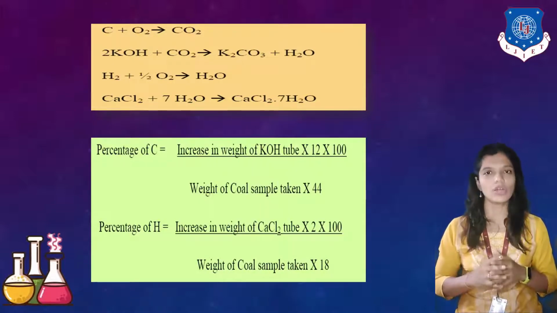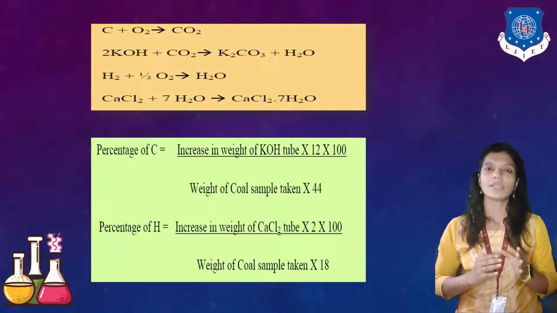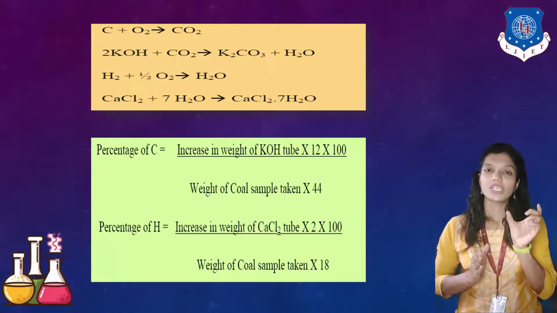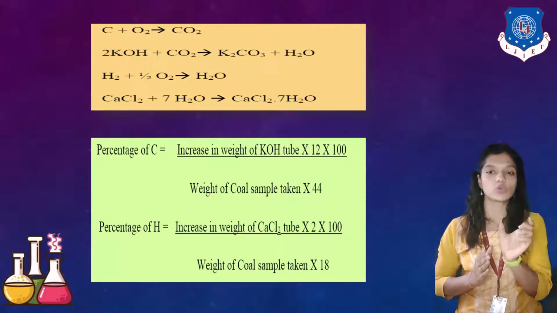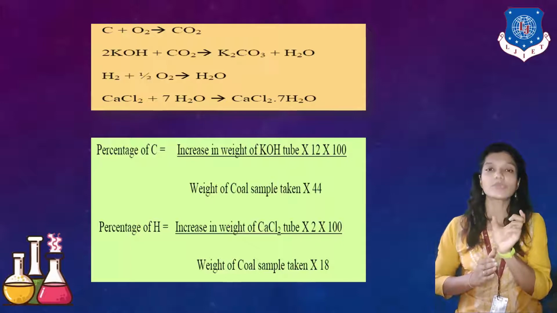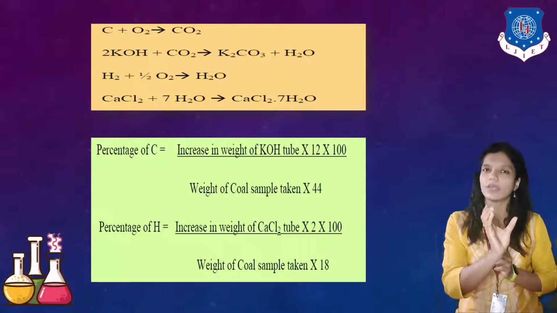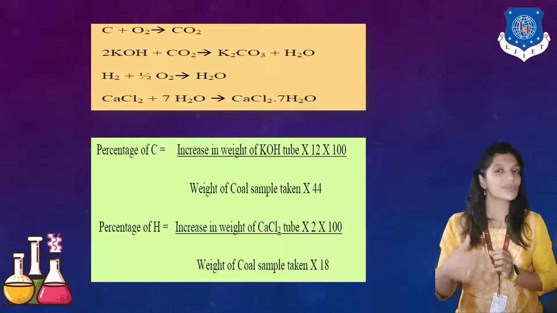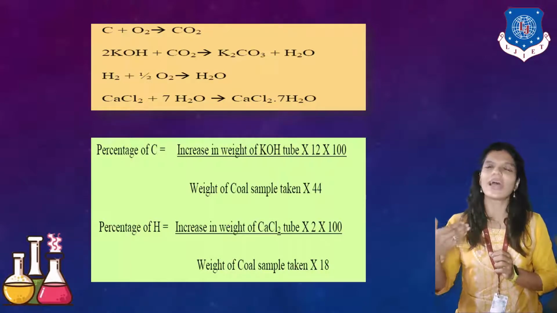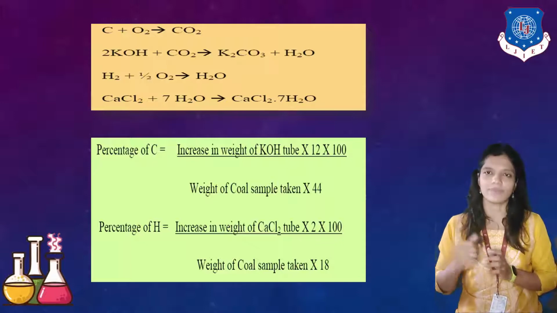Let's take a look at this. Carbon plus oxygen mixes together to form CO2. Now, when it is passed through the KOH tube, 2 KOH plus CO2 gives rise to K2CO3 plus H2O. So when carbon is combusted, it gets converted into CO2, which is absorbed by KOH and forms K2CO3.